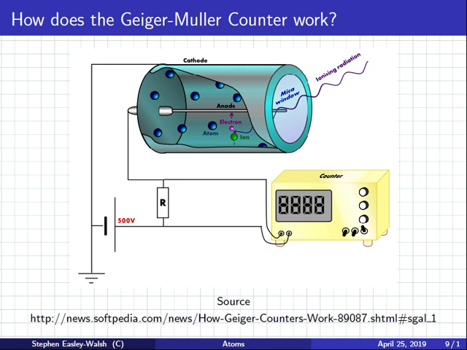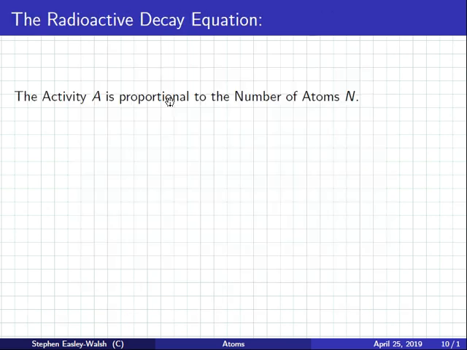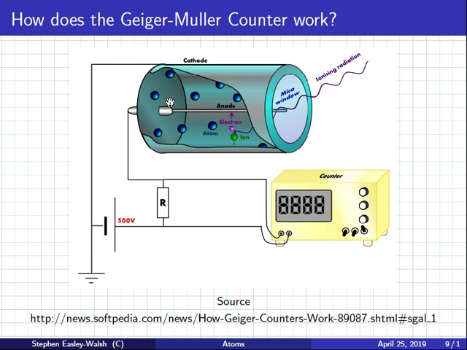Could you check on your phone somewhere? Type in what gas is in a GM counter. Do we need to know about this counter for the exam? It is organic gas.